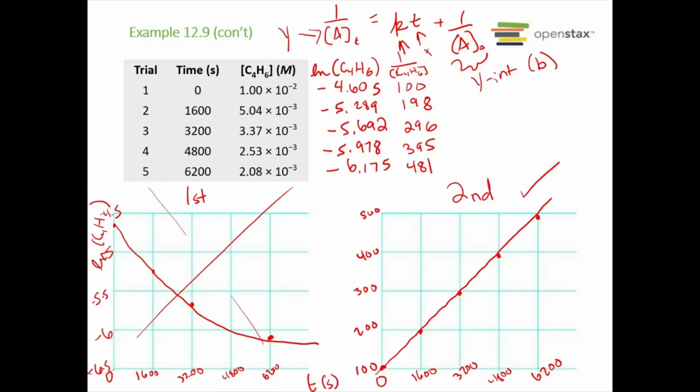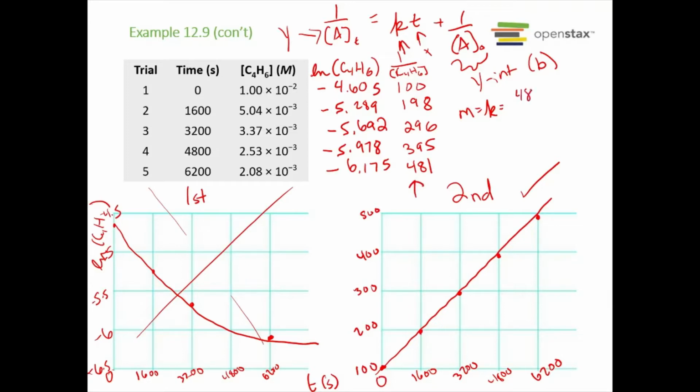And now we want to go ahead and use this data to find our K constant. So that's the slope of our line. So we're going to take 2 points from it. And let's just use time 0 and time 6200. Okay. So the slope, which is K, is equal to the change in Y over the change in X. So the change in Y, that's going to be the 1 over C4H6.